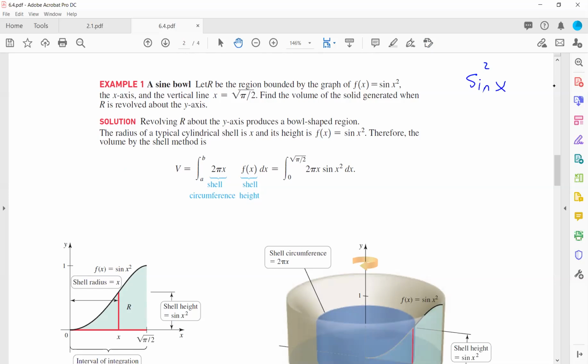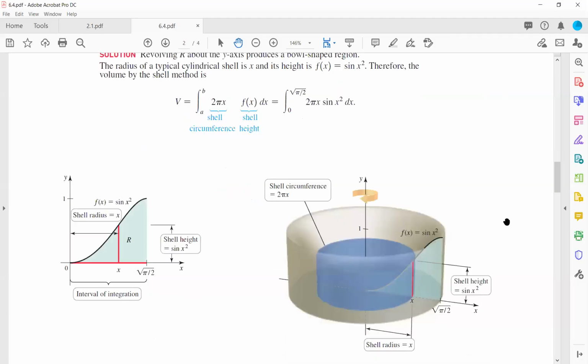It says find the volume of the solid generated when R is revolved about the y-axis. Take a look at the graph. This is your region, and you're revolving this region about the y-axis.